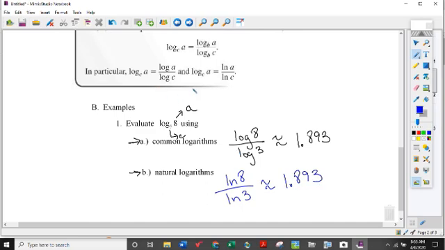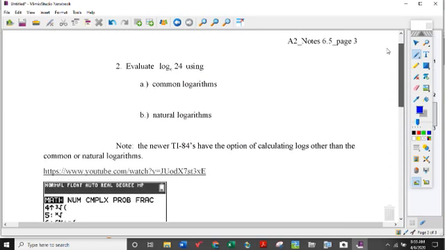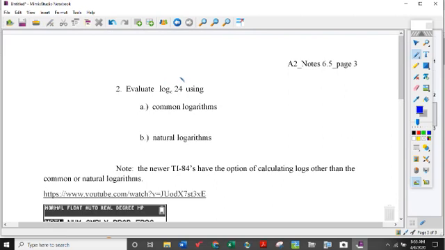Okay, so this is the old-fashioned change of base formula. Again, I want you to try it on a couple of problems, but I'm also going to show you how to do it with the regular calculator. So this would be C, this would be A. Using common log, it's log of 24 divided by log of 6.